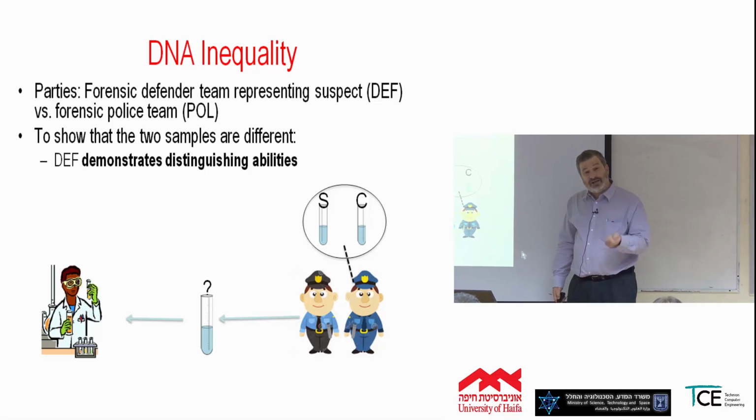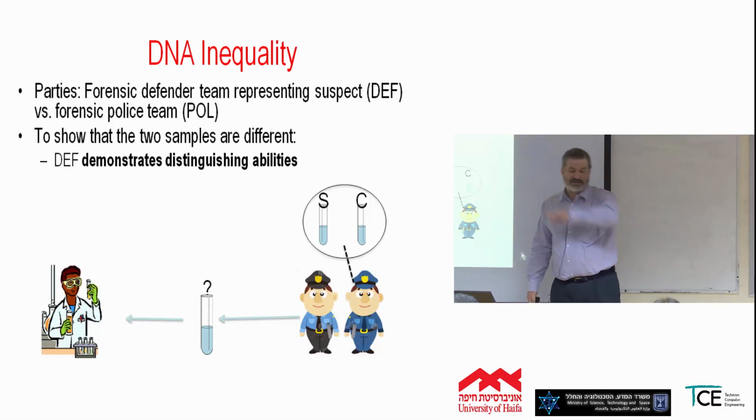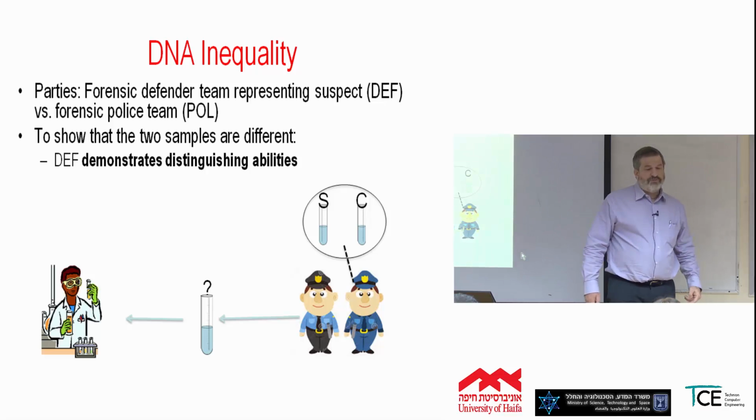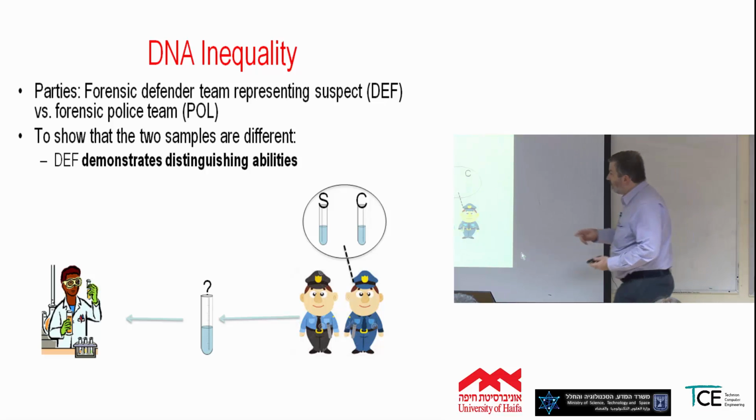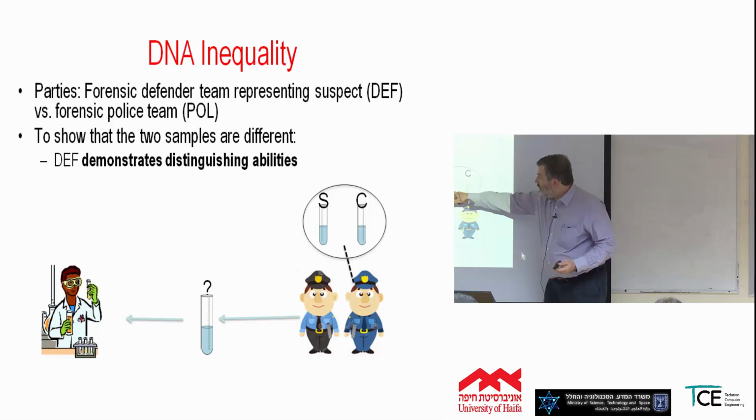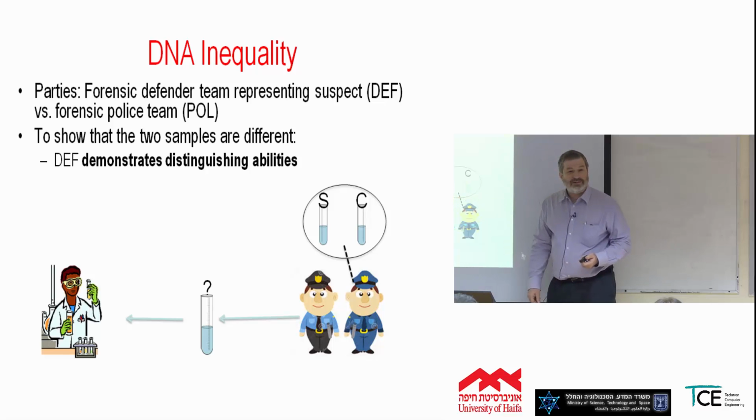If they're not equal, and you have these devices I mentioned before, then you can distinguish between the two. You can say, if you're given a sample from the suspect or the sample from the crime scene, then you can tell which is which. Right? If they're different.